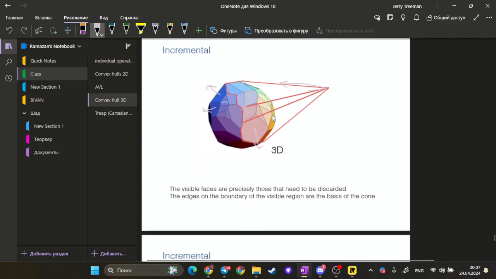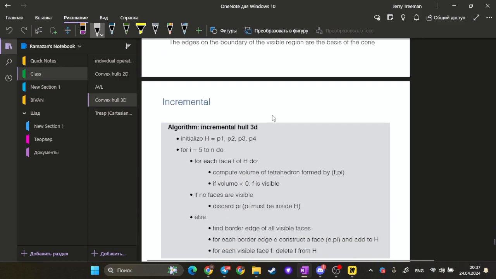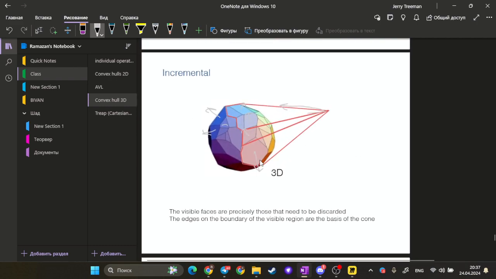Compute the volume of the tetrahedron. For each face f of h. Okay. A face is some face of our polygon. I forgot to say, by the way, using the algorithms that we consider, we don't get faces that look like this.